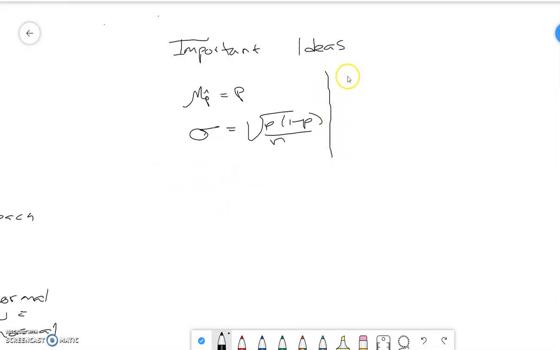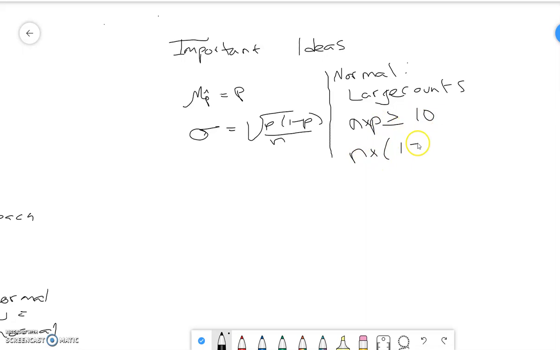Now, we kept saying that it was approximately normal and it would get more normal as we got more samples. So the idea of normality: we need large counts here. n times p should be greater than or equal to 10, and n times 1 minus p should be greater than or equal to 10.